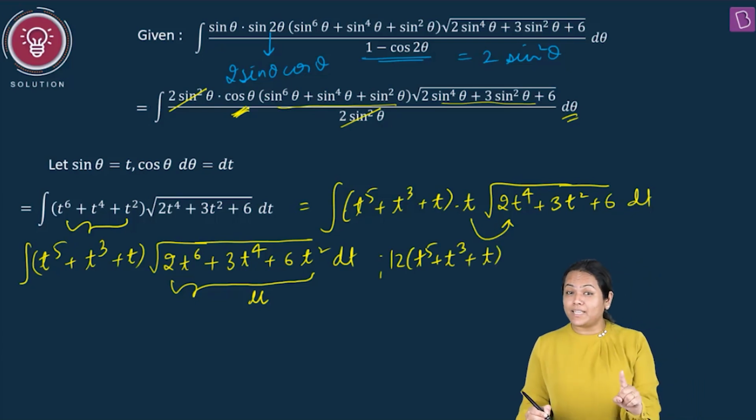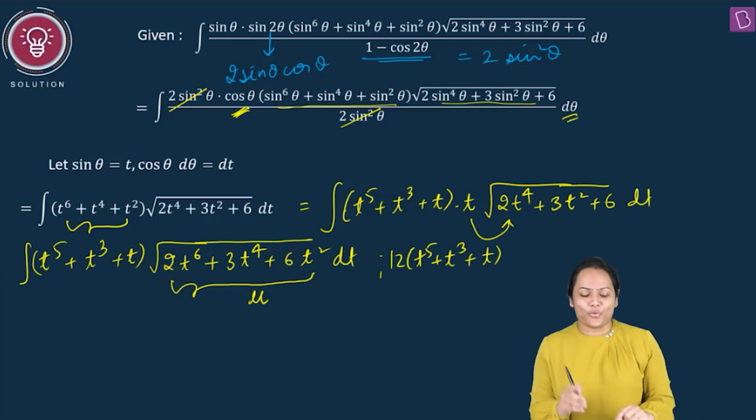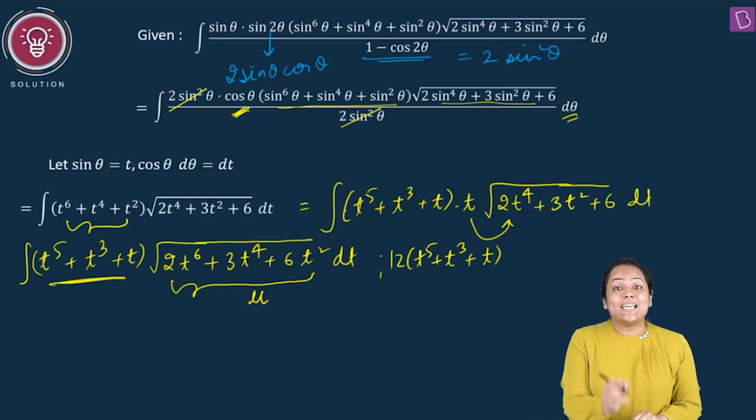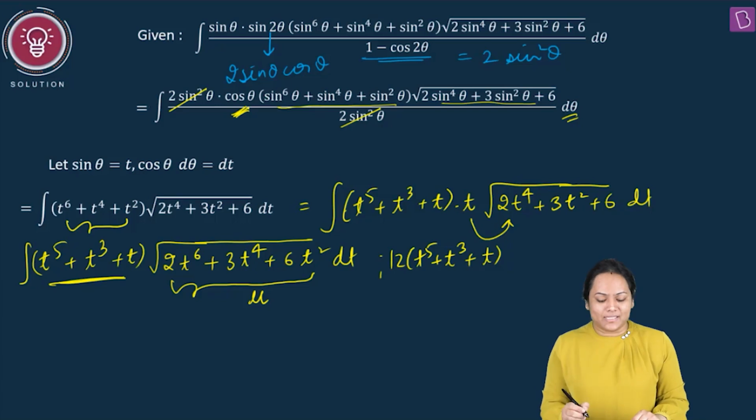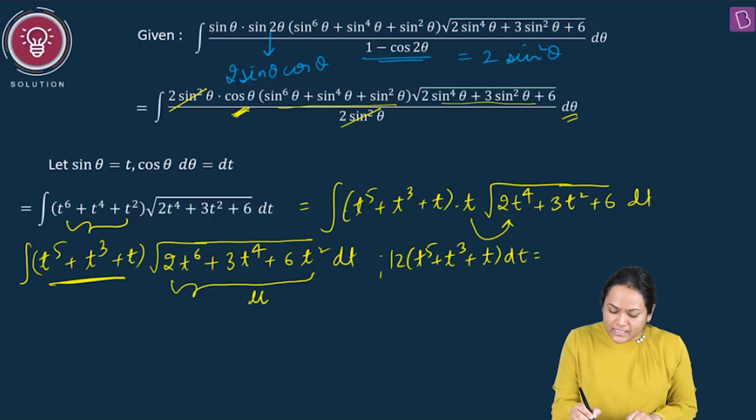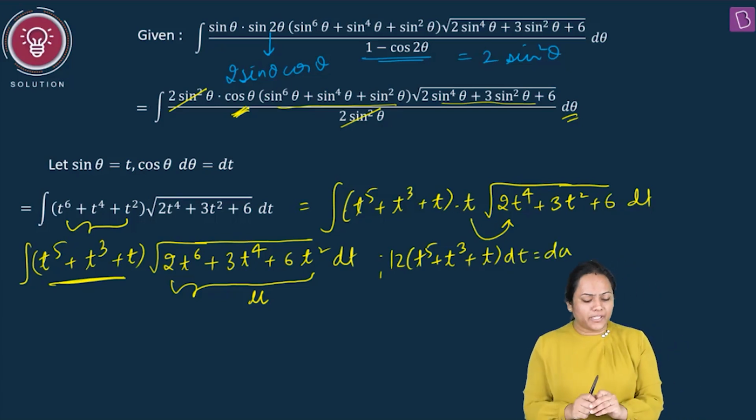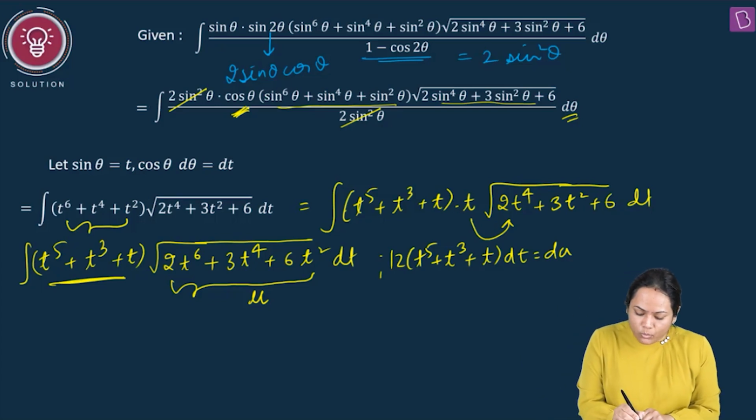This is going to be the derivative, and bingo, we have this term already with us: t raised to 5 plus t cube plus t. So this is going to become dt is equal to du, and when I substitute this, it will become somewhat like the integral of root u du divided by 12.